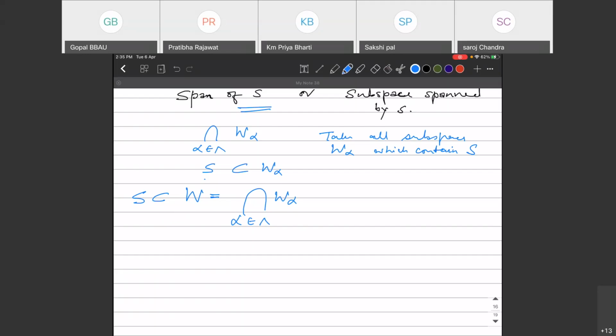Okay. So what we have proven just now is that the subspace spanned by S is the intersection of all subspaces containing S. Spanned or generated, both are the same: the subspace generated by S or the subspace spanned by S, both are the same thing.